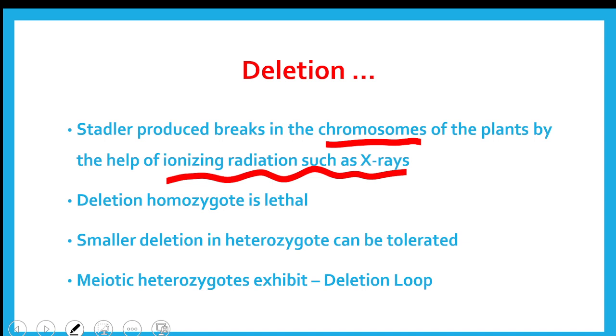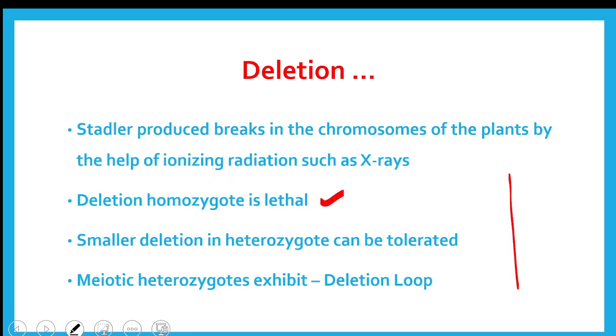Next, coming to the deletion homozygote and deletion heterozygote. Deletion homozygote is always lethal. Why? Because in a homozygote, if this is a pair of chromosomes where due to deletion this part is lost and this part is lost, that means whatever genes are present here and here are not represented on both homologous chromosomes.